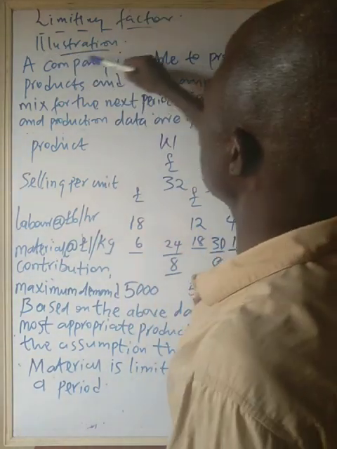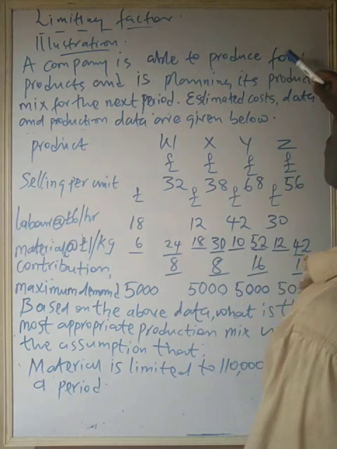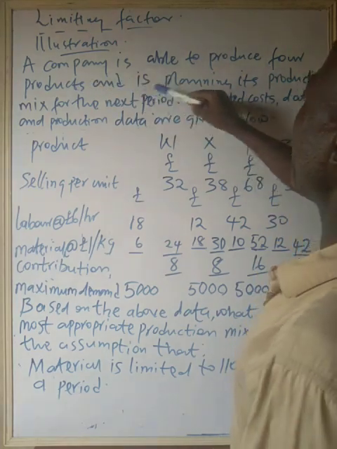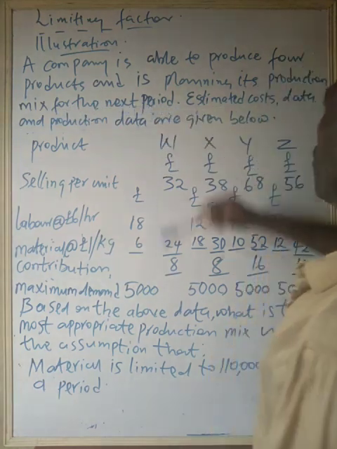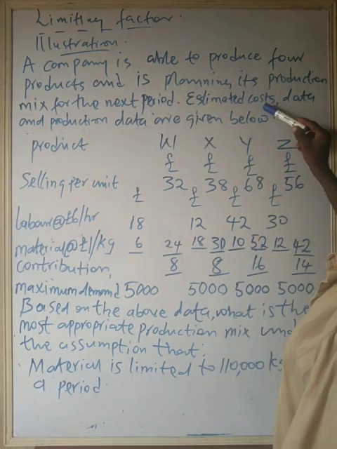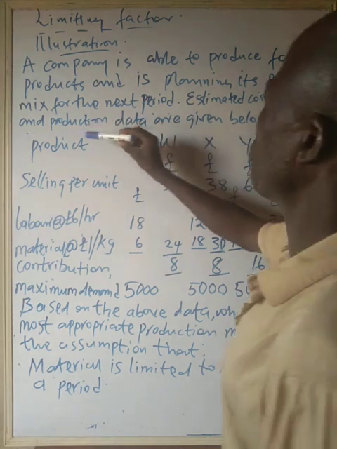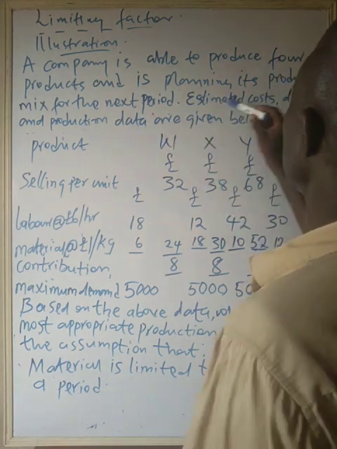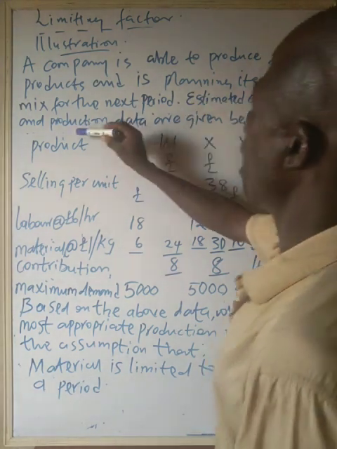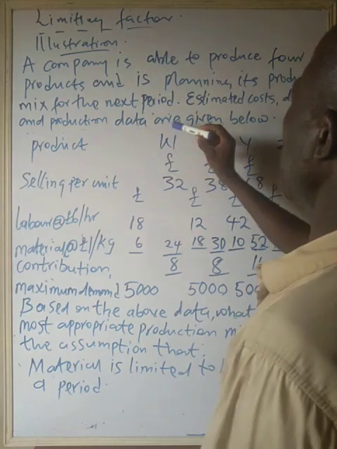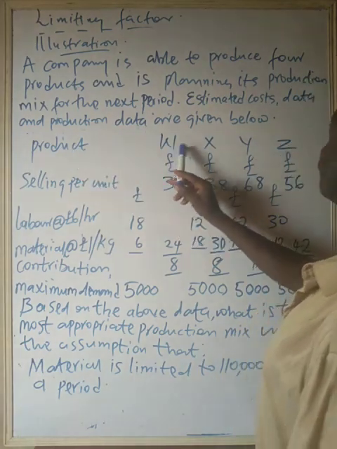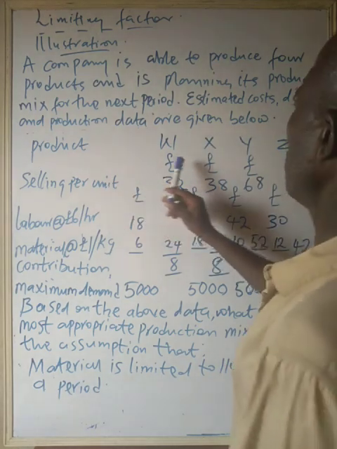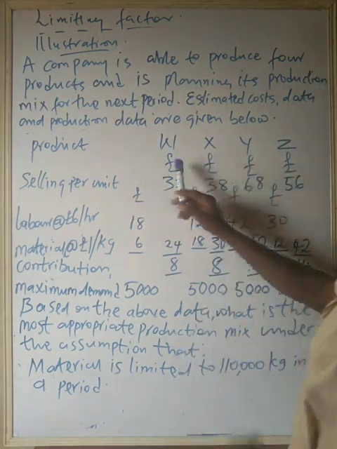The question says a company is able to produce 4 products and is planning its production mix for the next period. Estimated cost data and production data are given below. Products W, X, Y, Z, with pound signs.